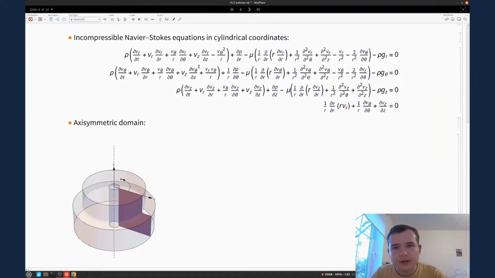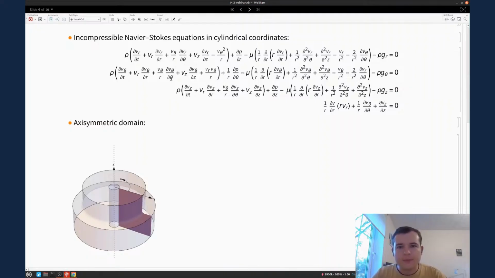So all the derivatives, for example here, with respect to the angle, are now equal to 0 because the velocity does not depend on the angle, and also the angular component of the velocity is now equal to 0.